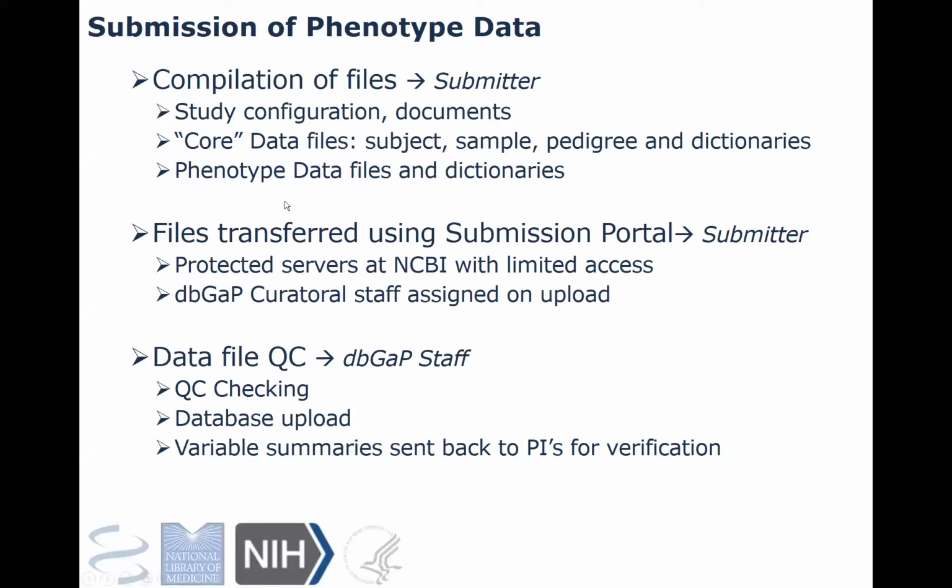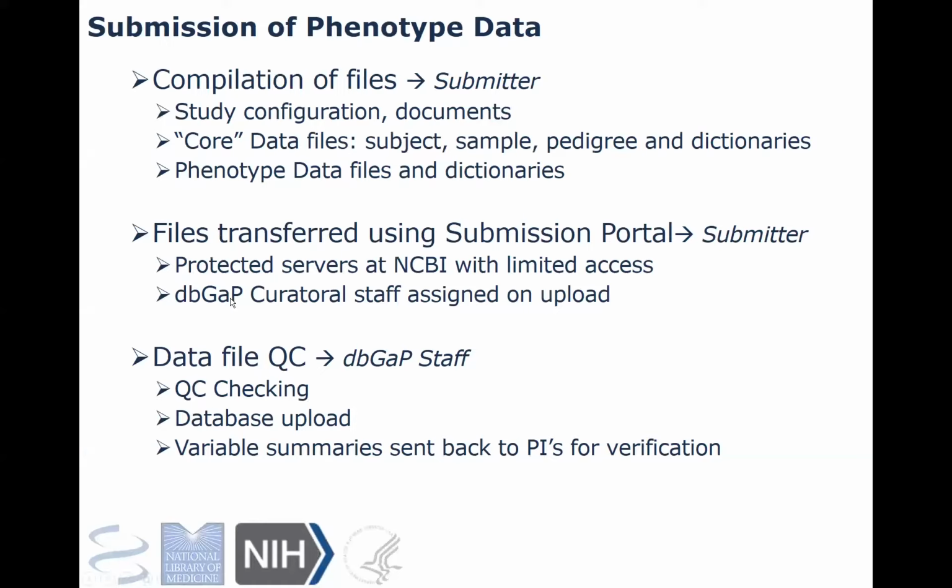Once they've done that, then they can transfer the files using the submission portal, which is an online file uploading system, and the data come in through protected servers at NCBI with very limited access by my team and a few other administrators here at NCBI. And then at that point, the dbGaP curators are assigned and they process the uploaded data.